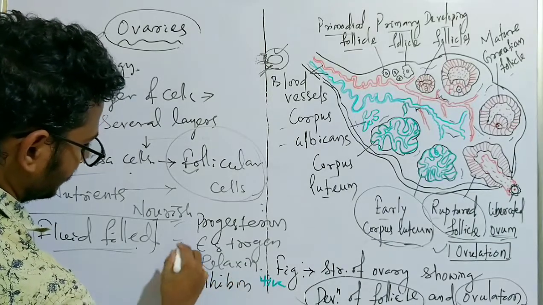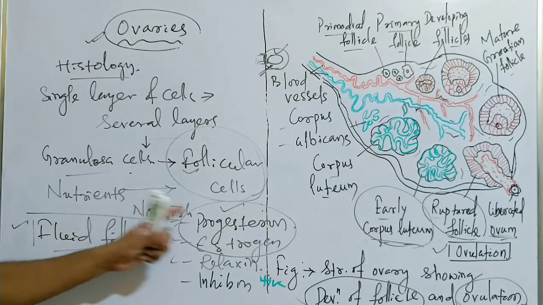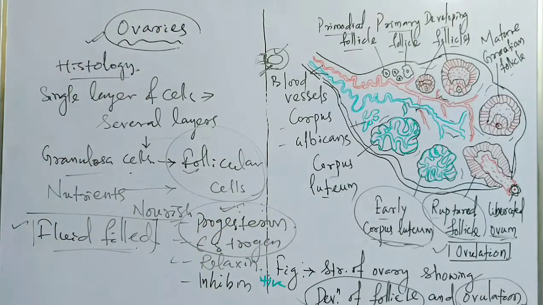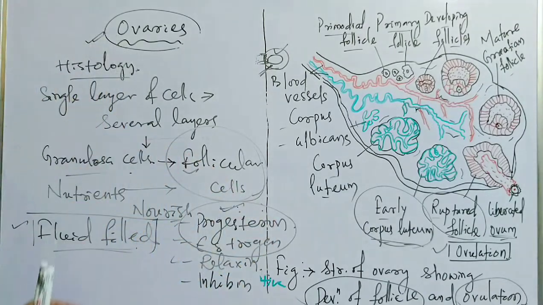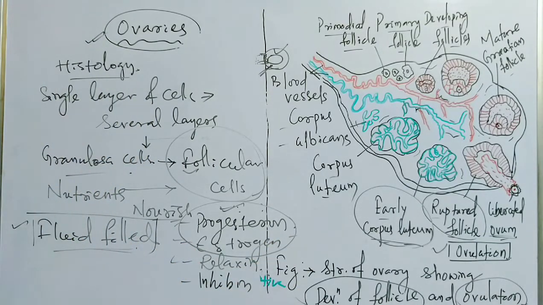So relaxin, inhibin, estrogen, progesterone. We know these two, progesterone and estrogen, are the female sex hormones. They have an important role in the development of the different reproductive structures as well as all the activities in the female body. So all these hormones are secreted here.